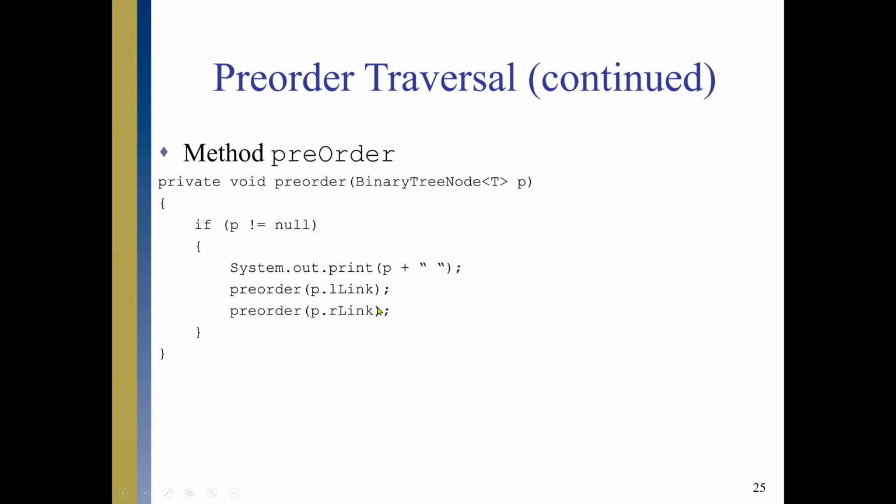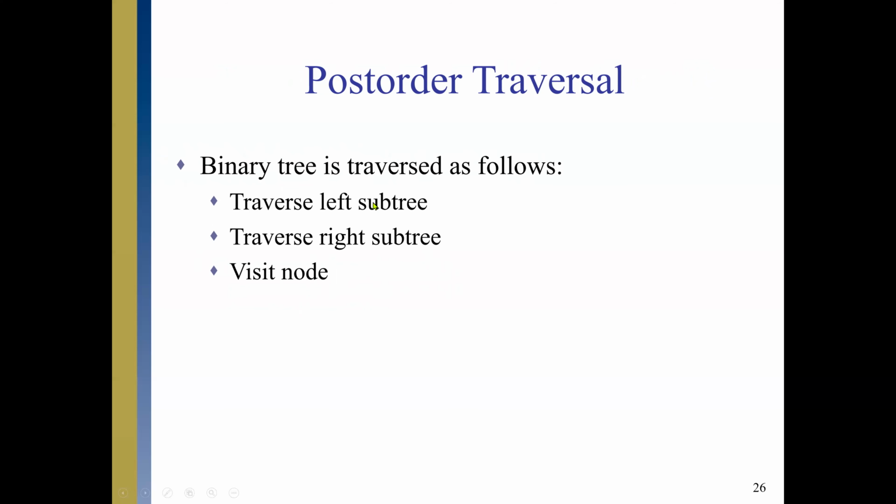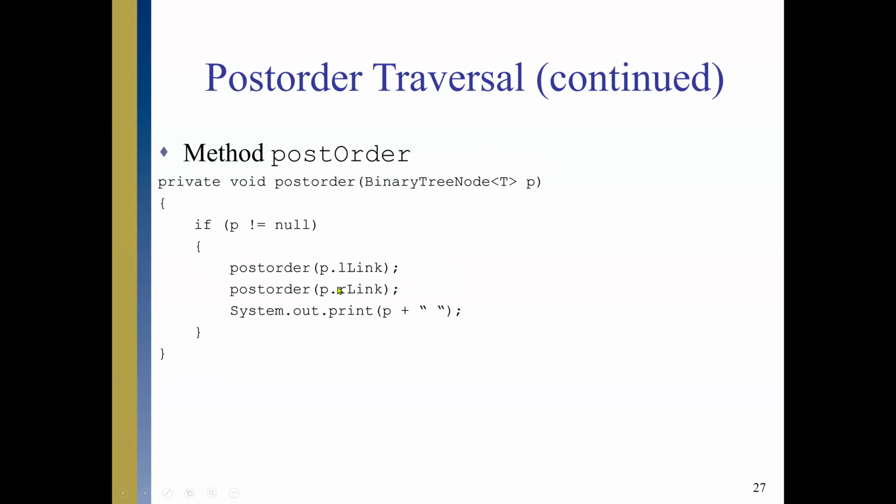Then after that, we go through the left link and then the right link. And then the post-order, as we said, we go through its post, so the root will be last. But still, we go through the left first, then the right. So this is the code. If P not equal to null, then go through the left link, go through the right link, then the root.